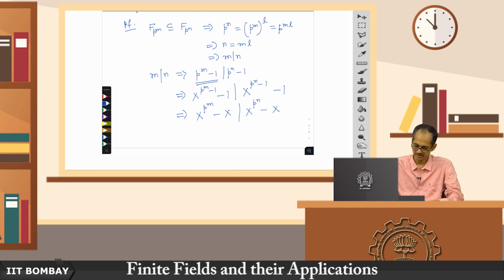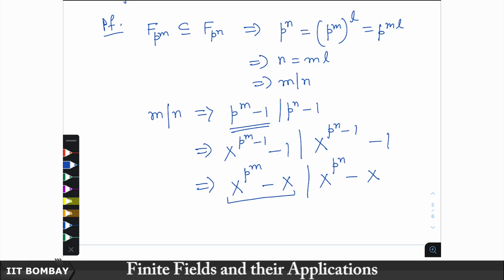Now, the roots of these are exactly the finite field, they form the finite field of order p power m. So, the splitting field of this must be a subfield of the splitting field of this. So, F p power m, which is the splitting field of x power p power m minus x, is a subfield of F p power n.